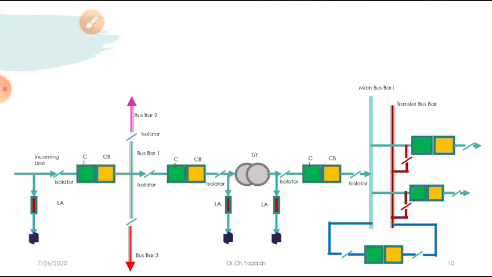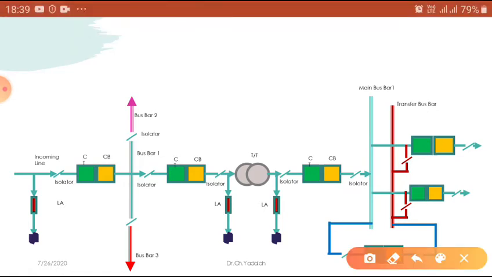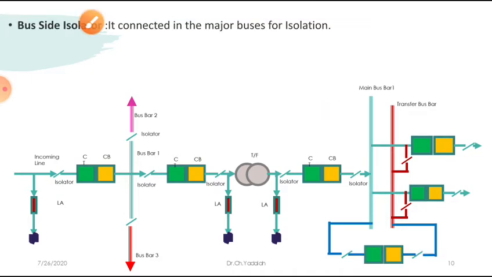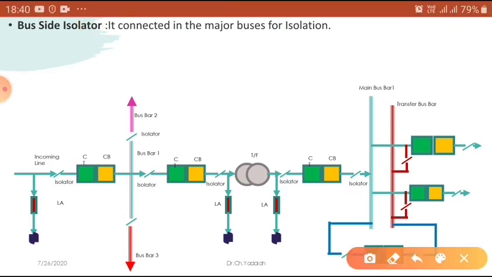First, we are going to learn the bus side isolator. It is connected in the main buses for isolation purpose. Here this is bus 1, this is bus 2, this is bus 3.